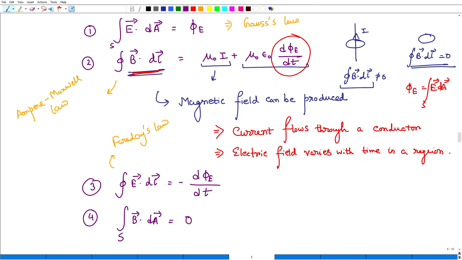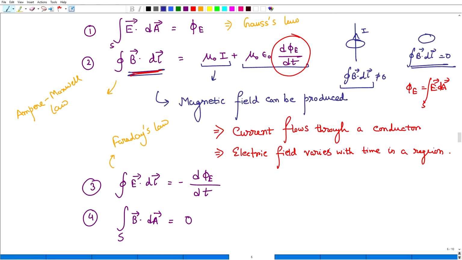Okay, so what is the significance of the last two laws? First, this is also a line integral. The line integral of the electric field E dot dl equals the change of the flux with respect to time, with a minus sign. This means that if the flux is changing with respect to time, there will also be an electric field.